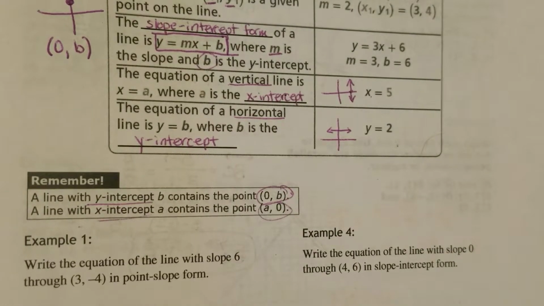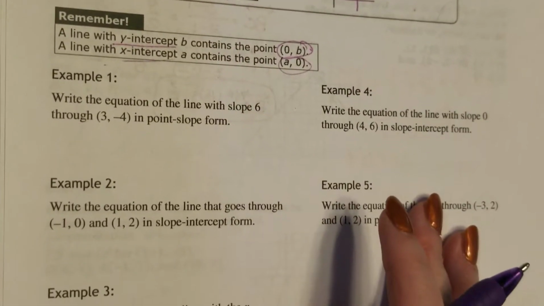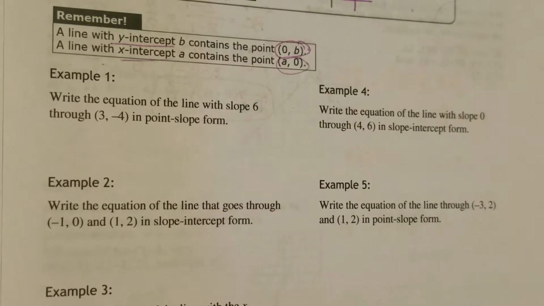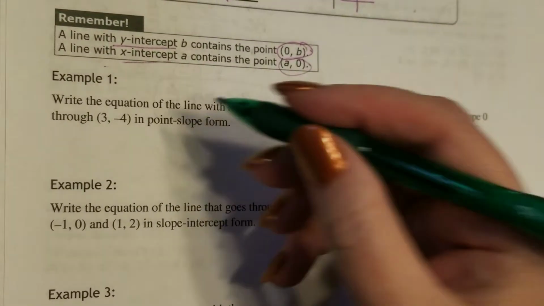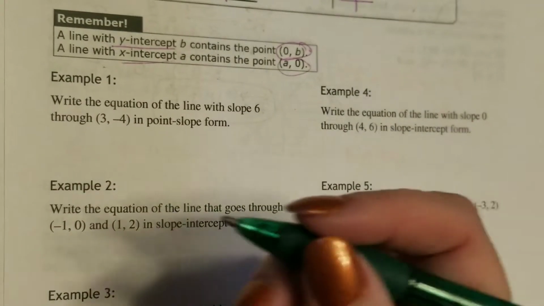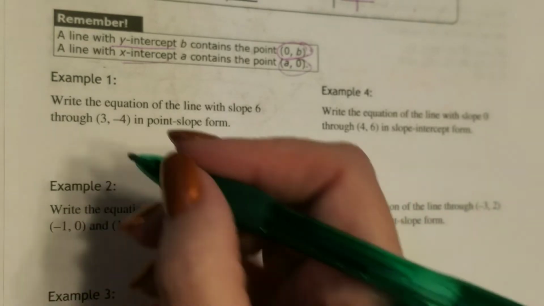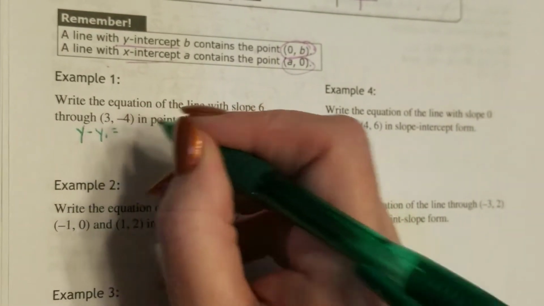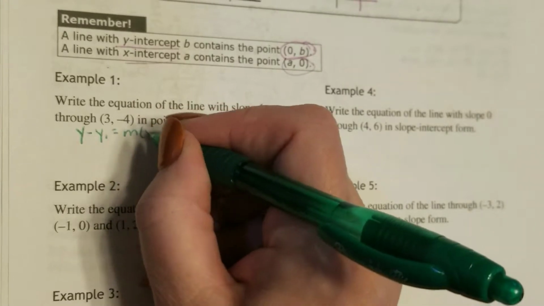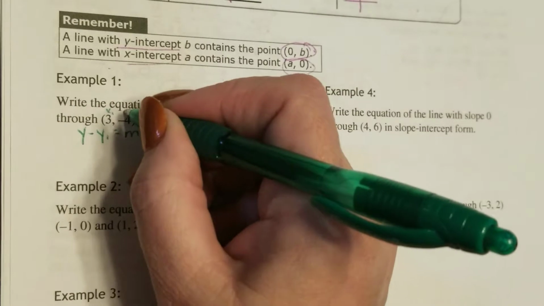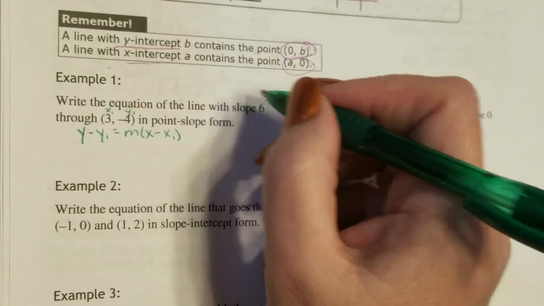Let's go ahead and do some writing of equations though, so that we can see how we work these. The first one says write the equation of the line with a slope m through the point (3, -4) in point-slope form. So point-slope form is y minus y sub 1 equals m times x minus x sub 1. So this is my x sub 1, this is my y sub 1, and this is my m.